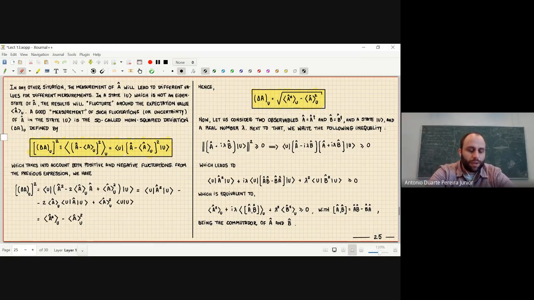So I define a quantity which is delta A in the state |u⟩. You should read this as the mean square deviation of A in the state |u⟩. And this is defined by the following.